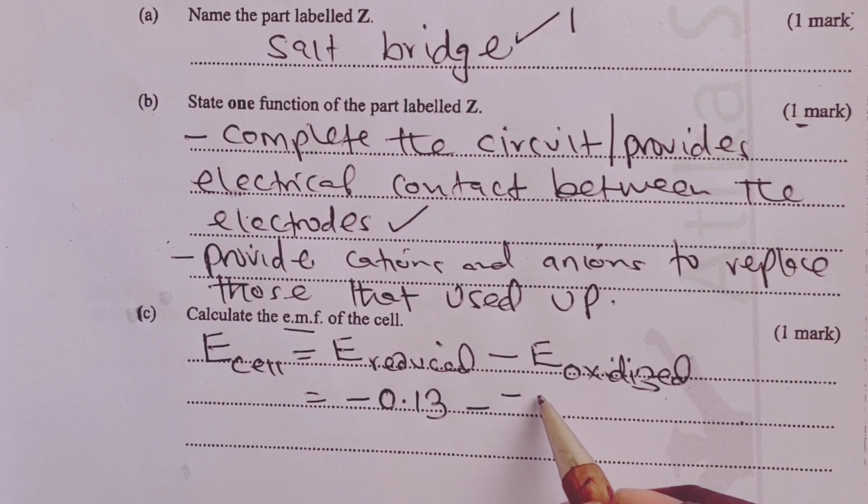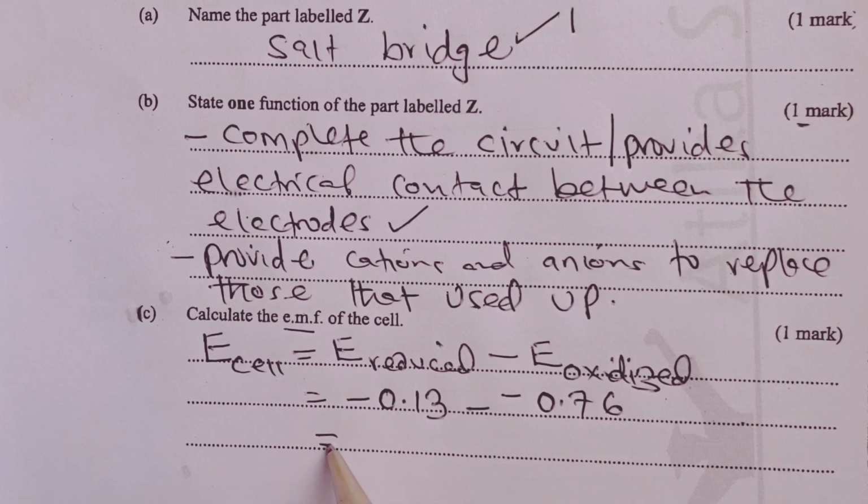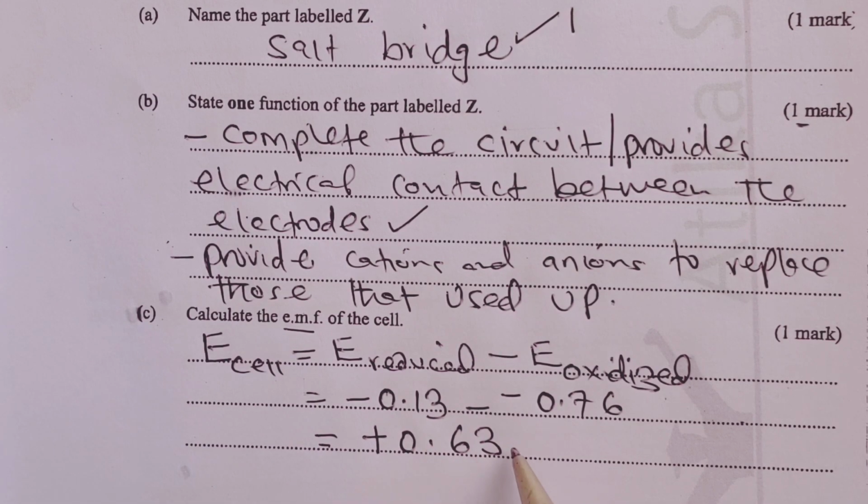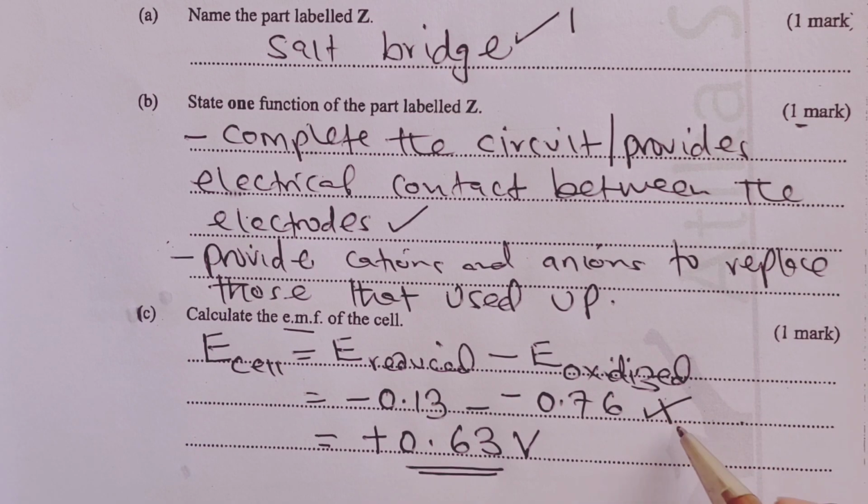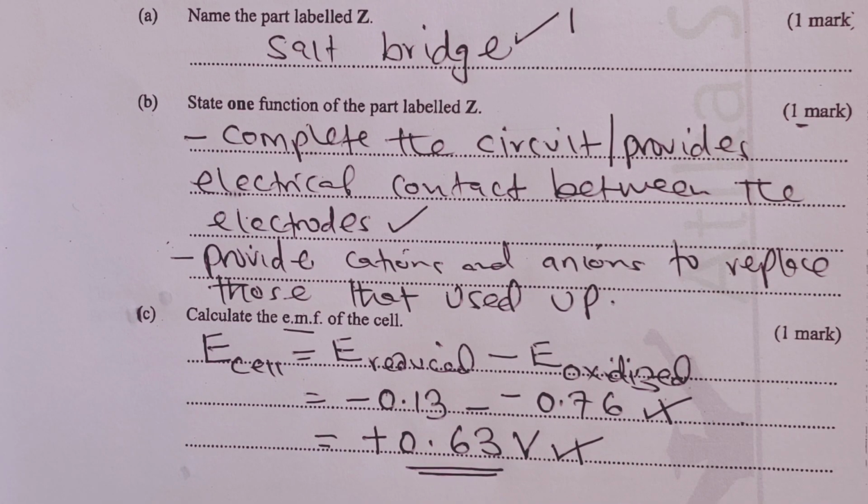It has an E0 value of negative 0.76. If we do the subtraction, we get a figure of positive 0.63 volts as our answer. It is 1 mark, a half for the subtraction with the correct values, and a half for the final answer. We proceed now to the year 2019, question number 19.